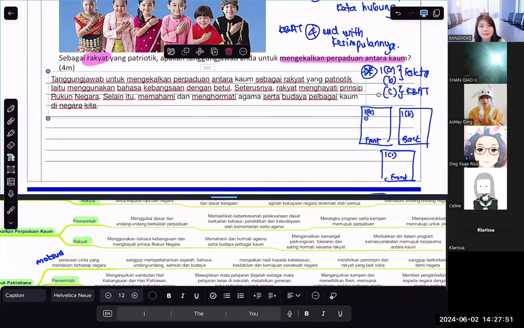Okay, now. Then, tambahan pula, rakyat perlu mengamalkan semangat perkongsian dan toleransi serta saling menghormati.